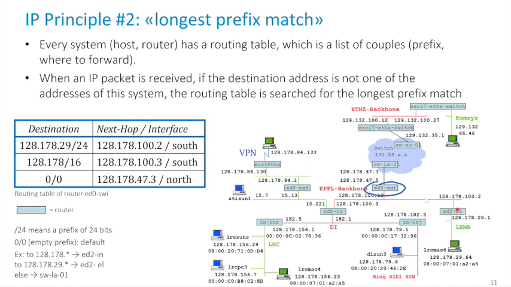So it means if this router has a packet with a destination address that matches this, it should send it over the south interface, and it should send it to the system that has this IP address. Here, we don't know whether it's the router or the final destination. Now, a few words about the destination. The destination is not one IP address, but is a prefix.